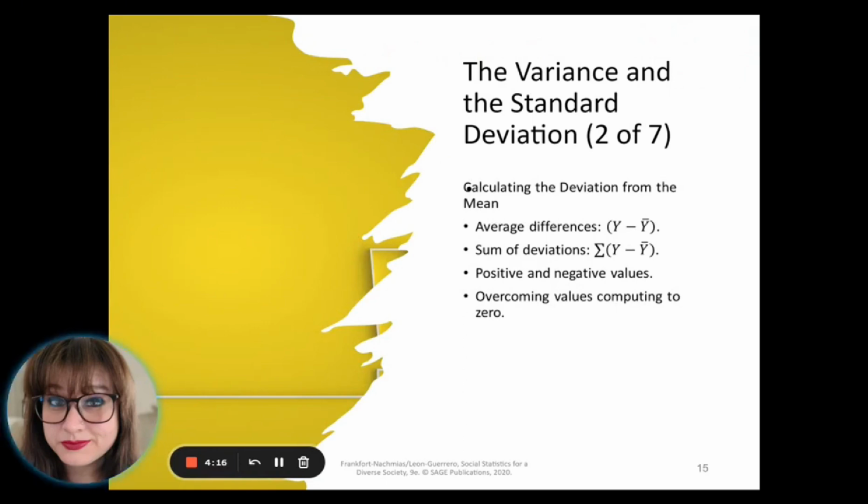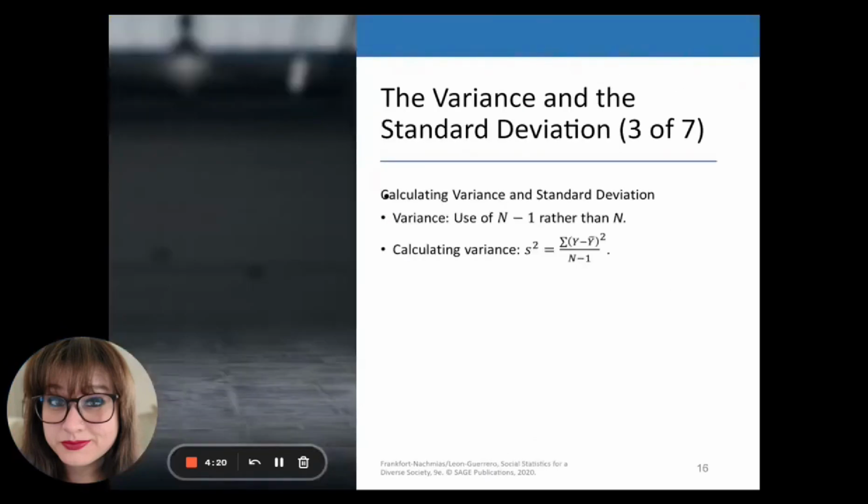So s squared is the variance. It's the sum of the squared deviations from the mean, and n is the number of scores, right?